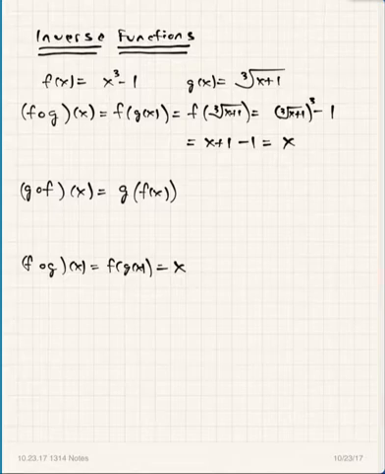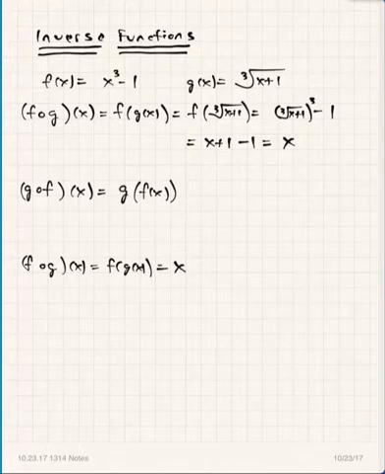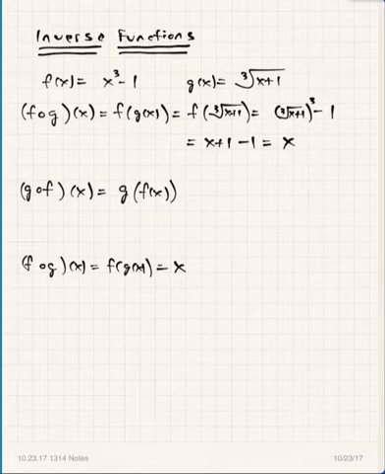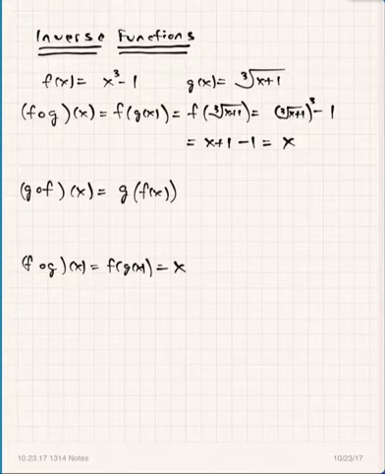But notice what it means in the end: when you operate with g and then f on x, it's like you don't do anything at all. When you've got f of g of x, it's like f and g cancel each other out, and you're just left with what you started with, which is x.